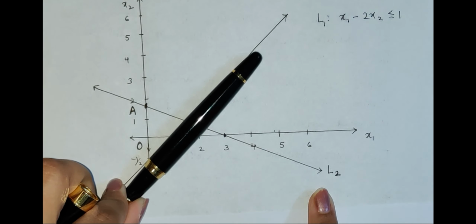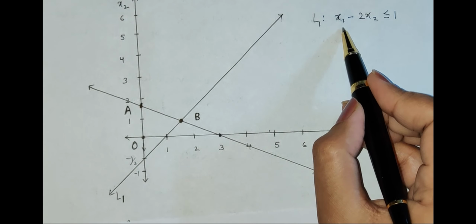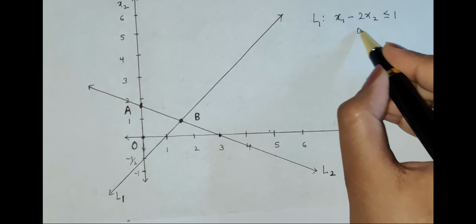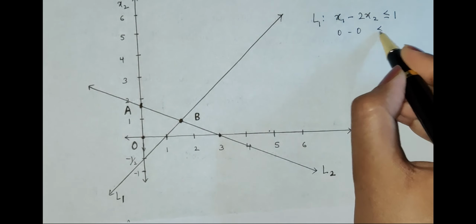So I will take an easy point to get the feasible region. I can put the value 0, 0. If I put 0, 0 here, I get 0 minus 0 less than or equal to 1. So yes, this is satisfied. That's why the feasible region for line L1 is above this line.